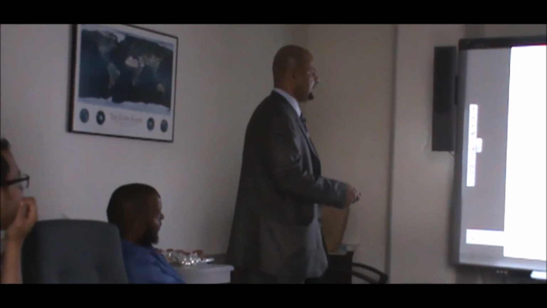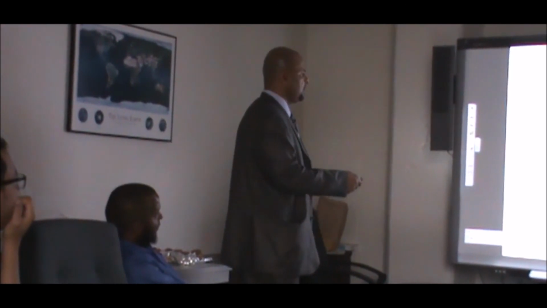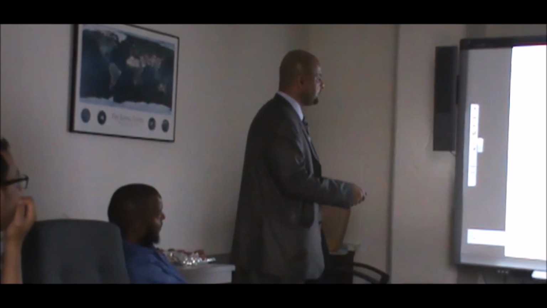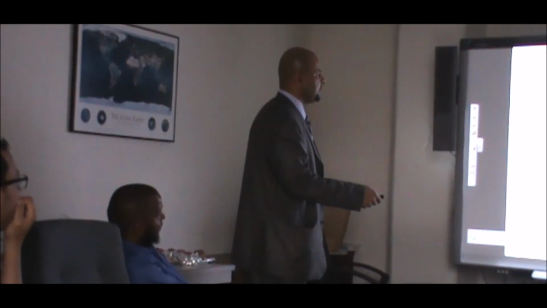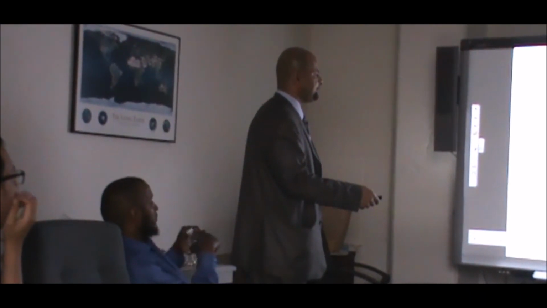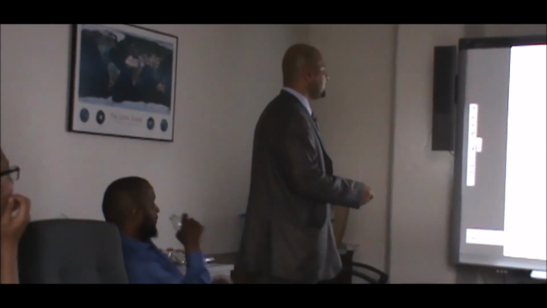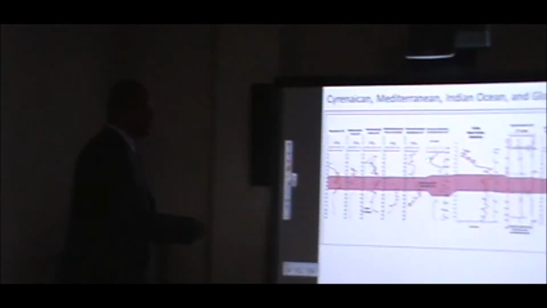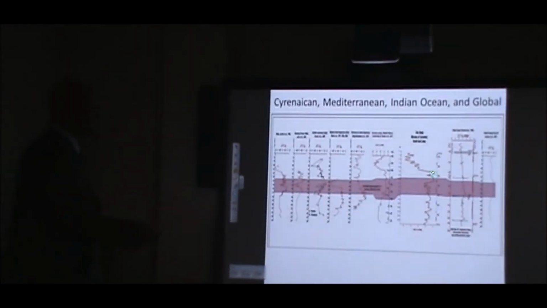So I started with the closest area, which is Malta here, and I correlated this part, which is similar to this part here, the Monterey event. And then the depletion part, which is not complete here, so I went from here to this part in Italy, and it's exactly the same.